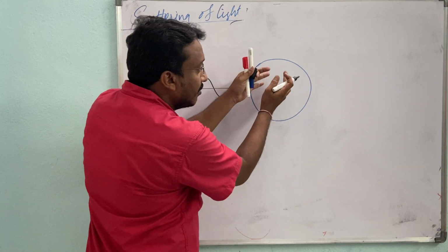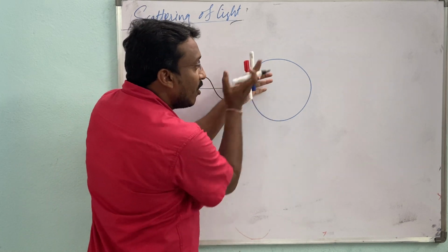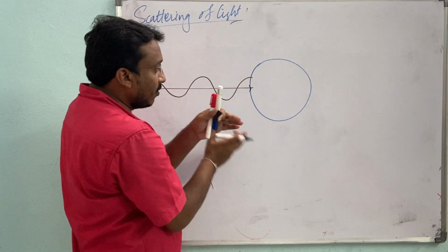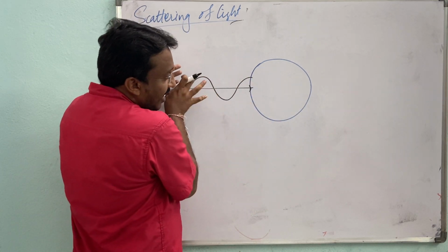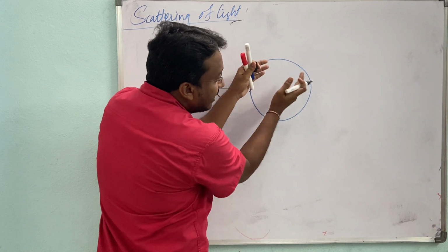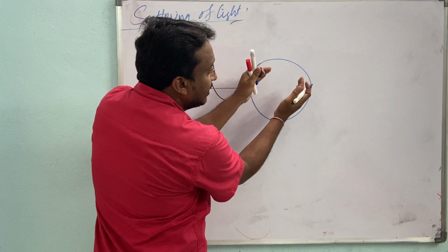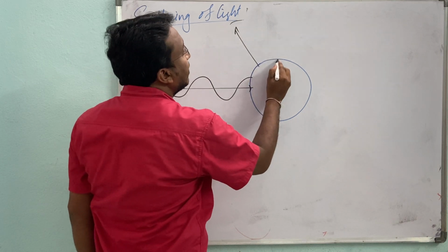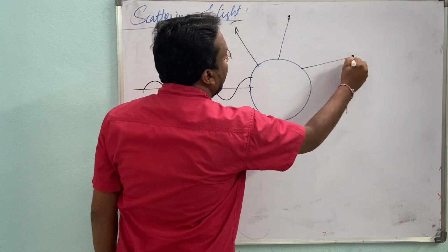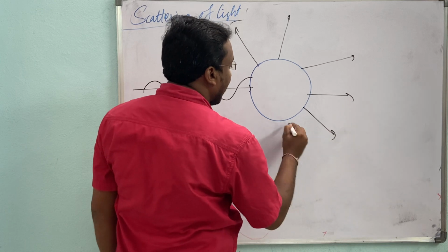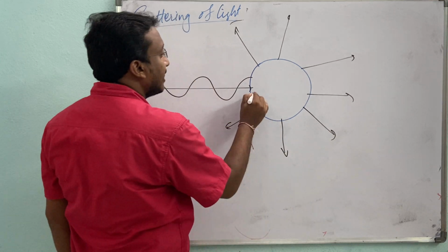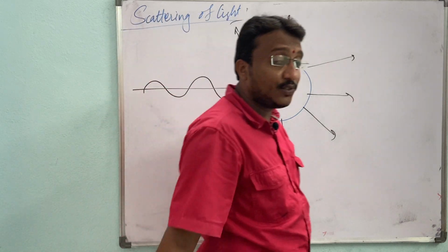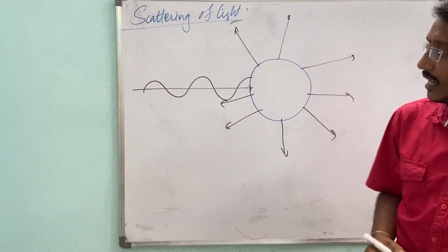The light is absorbed and it responds to the light by vibration. That means it vibrates, and it re-emits the light in all directions with different intensities. This phenomenon is called scattering of light.